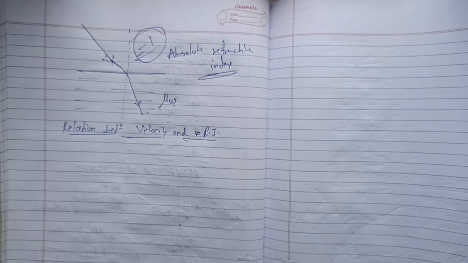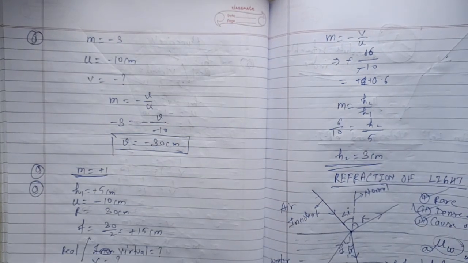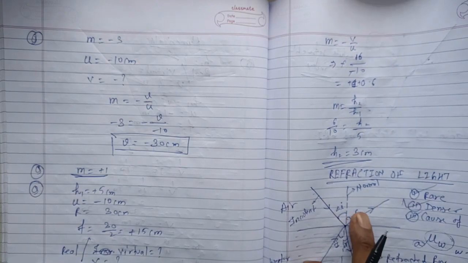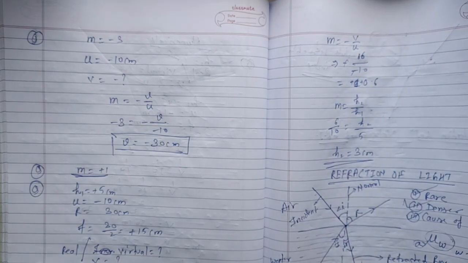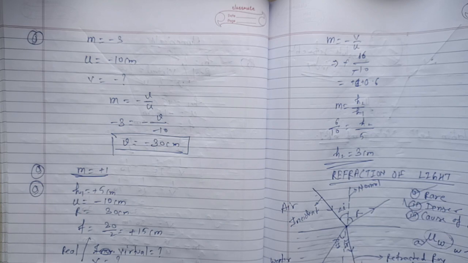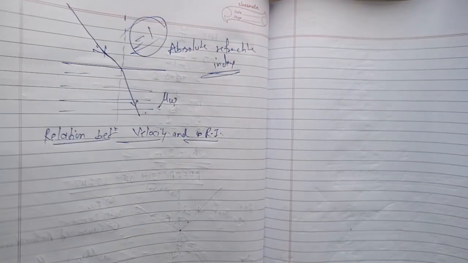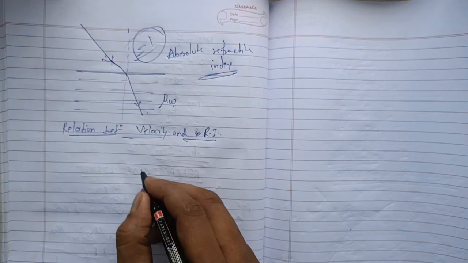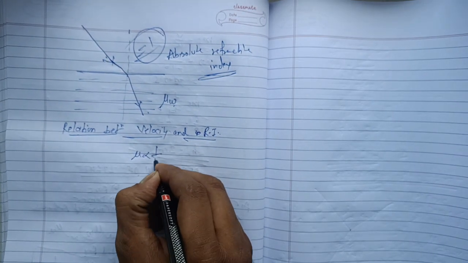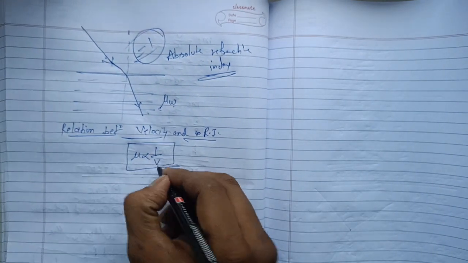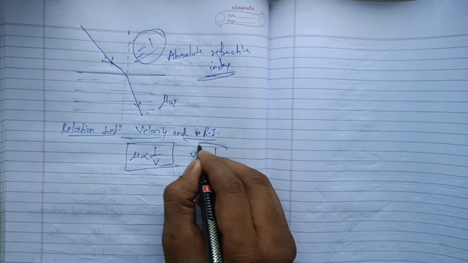We have already discussed previously that if the density is increasing, the speed of light is getting reduced. Similarly, if the density decreases, the speed of light will increase. So we know that the speed of light and density of a medium are inversely proportional to each other. We can simply write that mu is inversely proportional to V, or V is inversely proportional to mu.